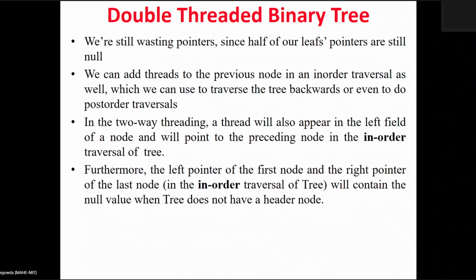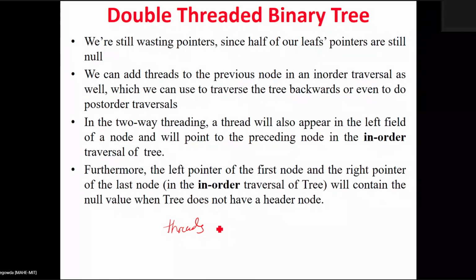So that is most important, where we are going to fill the threads in the double threaded binary tree or two-way threaded binary tree. So the empty link fields should be filled by the proper values.